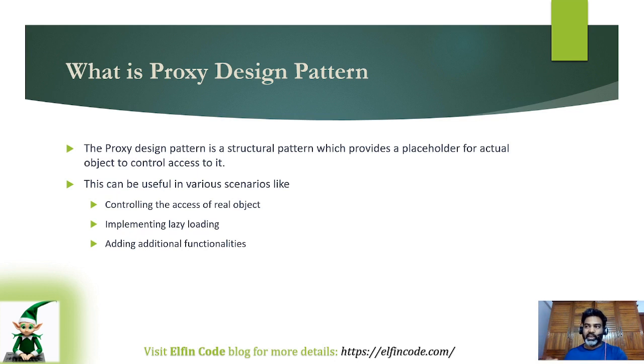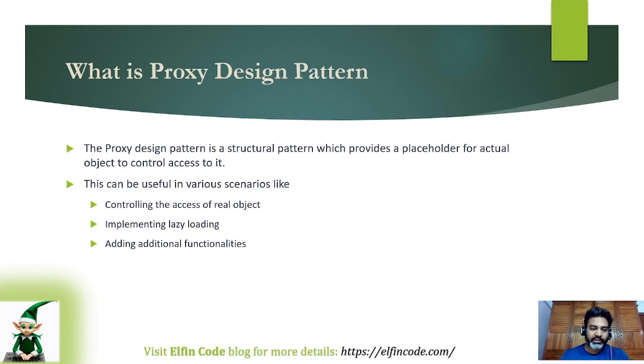If access has already been requested to load the data from, let's say, the database, and it has already been loaded, then when the second request comes to load the same data into, let's say, some caching layer, if it already exists, it will provide you the already accessed data instead of again connecting to the resources, extracting the data and then putting it into the cache layer. So lazy loading implementation can also be done using the proxy design pattern.